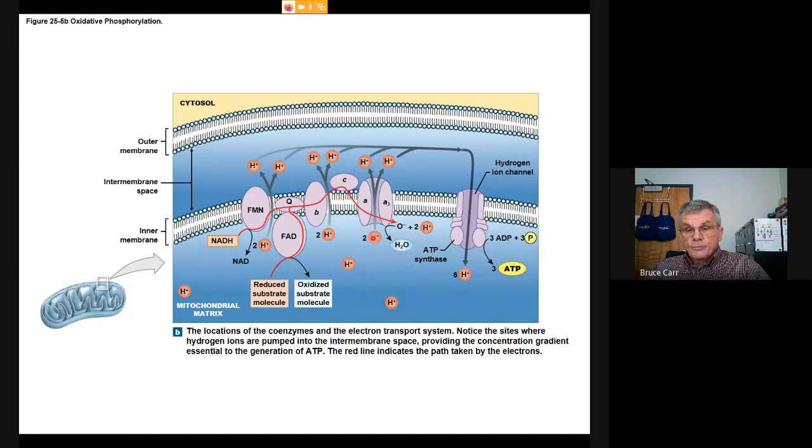Now here, the A3 is yielding its electrons to oxygen and combining with some of this hydrogen ion to produce water. So what are we seeing? The oxygen reactant and the water product of our net equation is represented here. And as I said, this is by far the majority of the energy yield if you're just counting ATP.